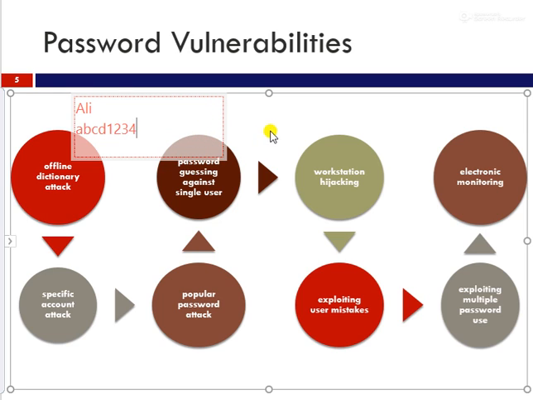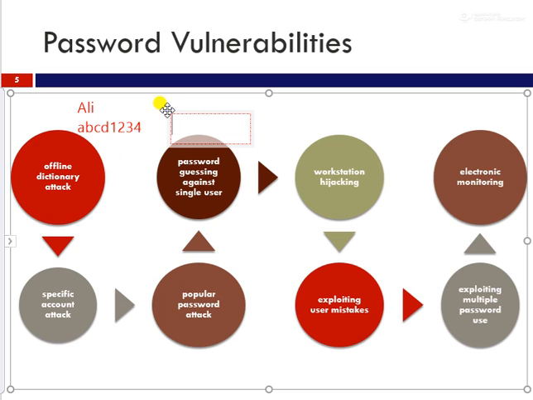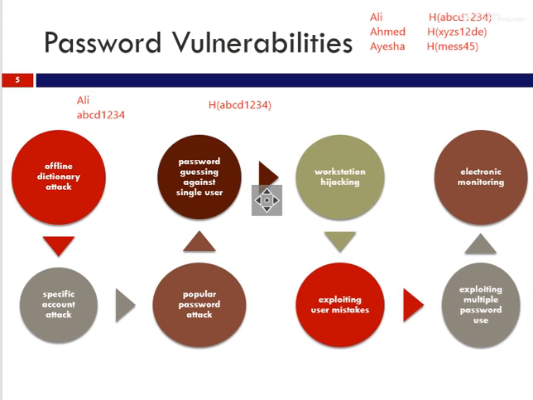So this ABCD1234 that Ali provided, the system will first take the hash of this password. What happens on the backend? The system will take this password and calculate the hash of this password.